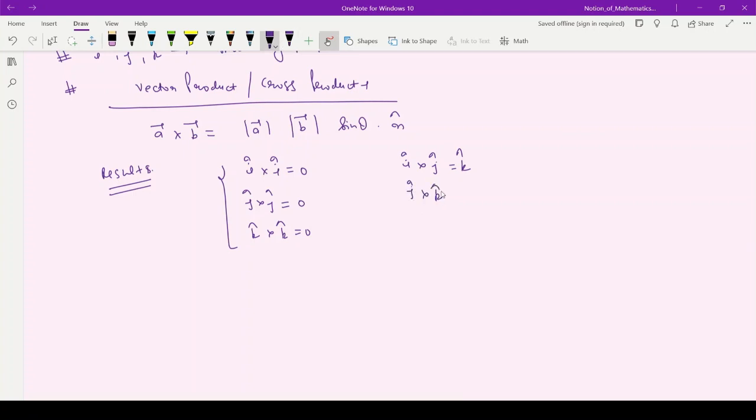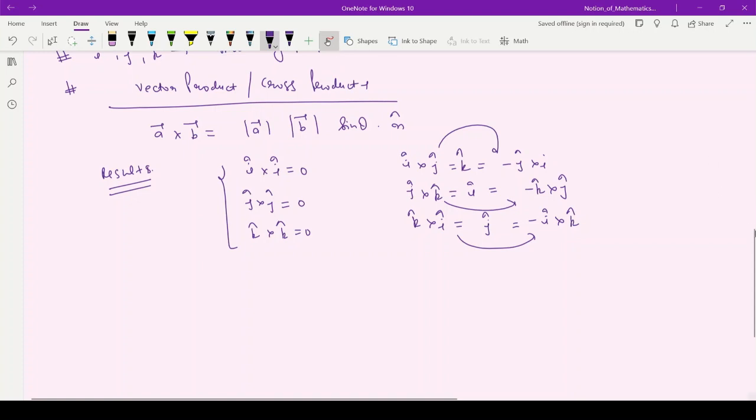J cross K will be I and K cross I will be J. This I cross J is also written as minus J cross I. This J cross K is also written as minus K cross J, and this K cross I is also written as minus I cross K.